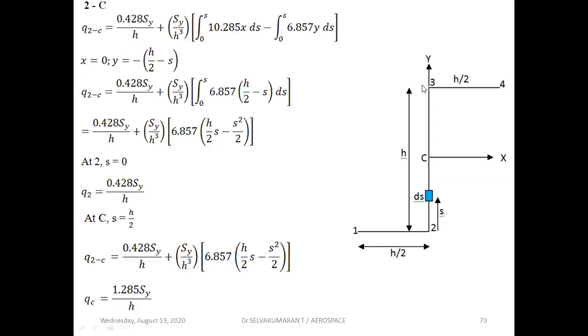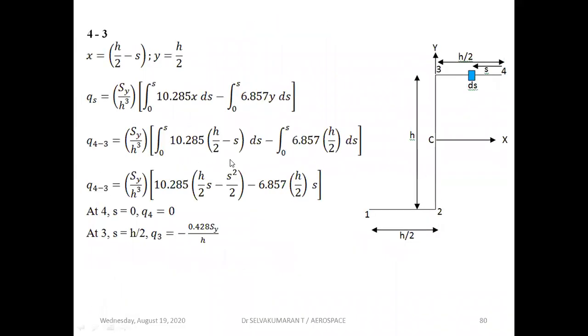Now, I told you already the Z section is an antisymmetric section and it is subjected to Sy alone. You should remember, Sy alone, Sx is 0. Now we check 4 to 3. A small element I have taken at a distance s.